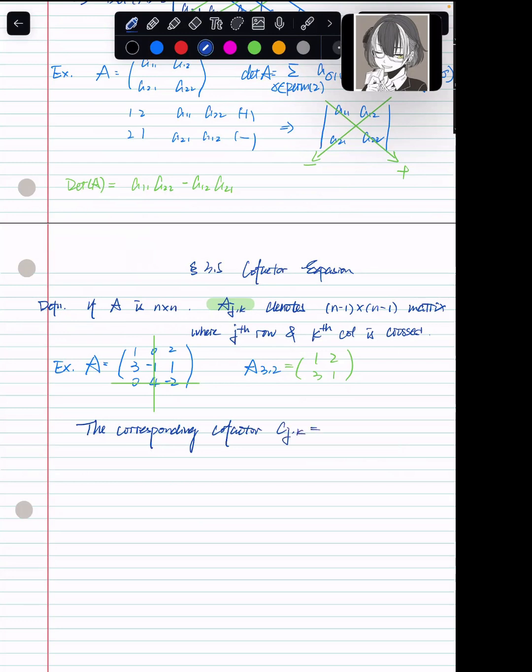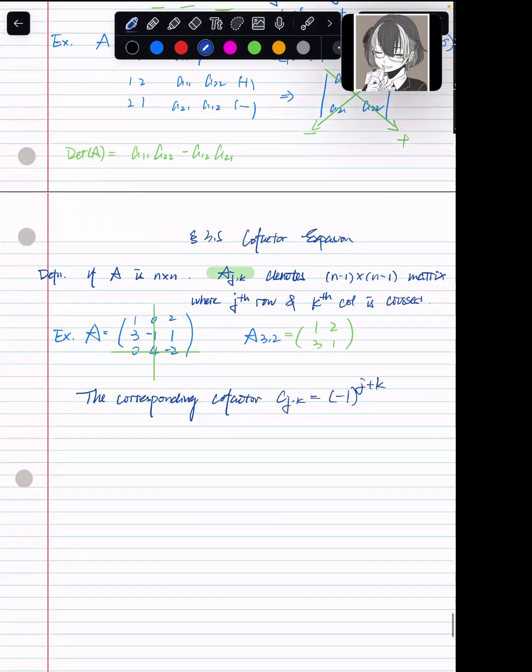It is -1 raised to the power of j plus k multiplied by the determinant of AJK.